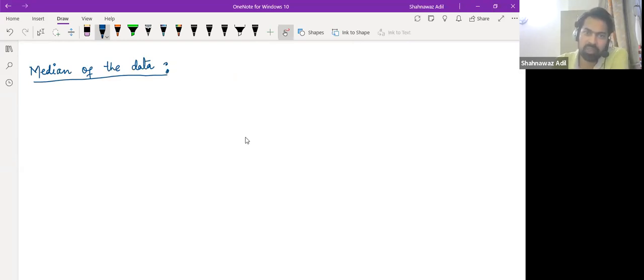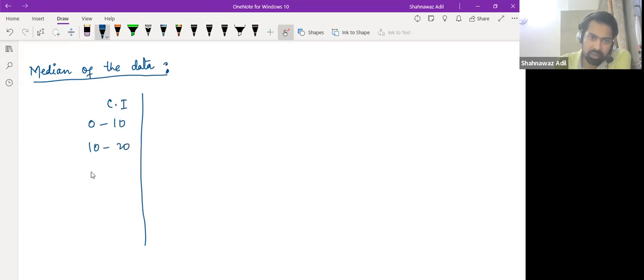So what is the median of the grouped data? Let's say you have a class interval, and this is from 0 to 10, and then 10 to 20, 20 to 30, 30 to 40, and 40 to 50.